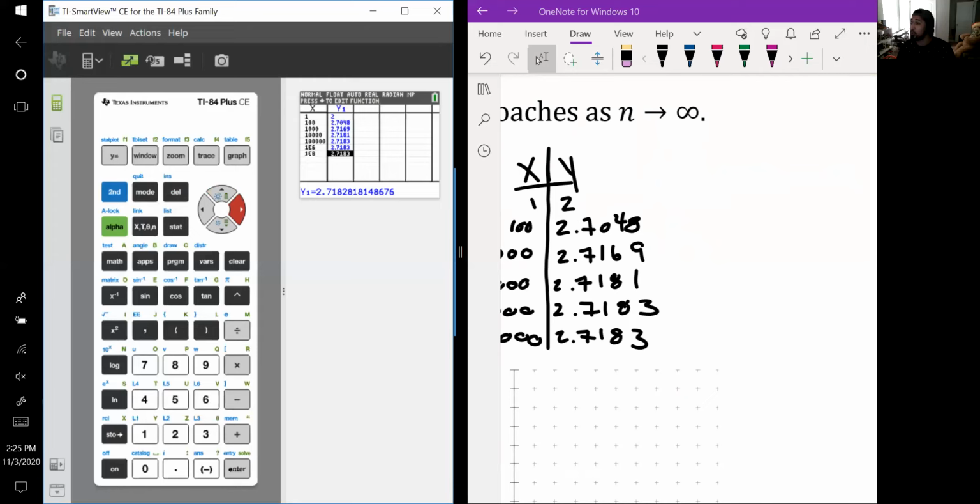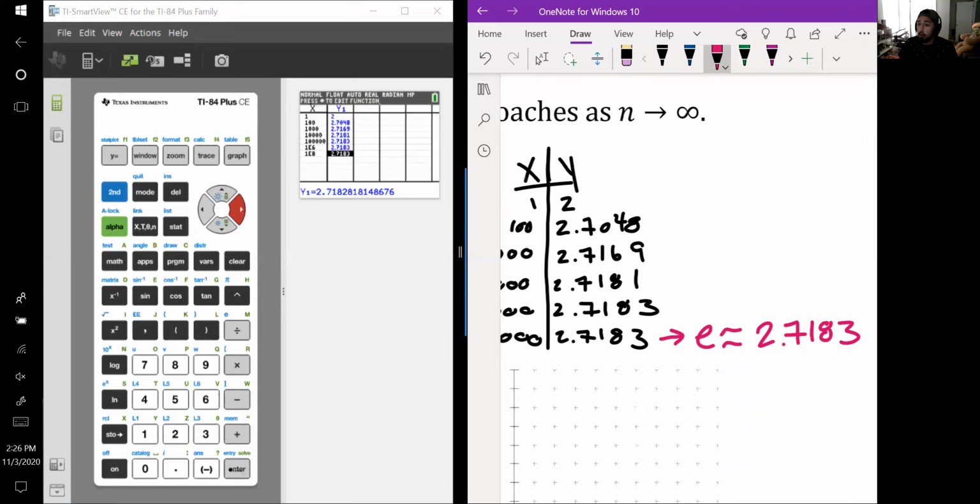This is the actual number for e. So we can say that e is approximately 2.7183, which is an irrational number just like pi. That decimal number will run on and on forever, just like pi.